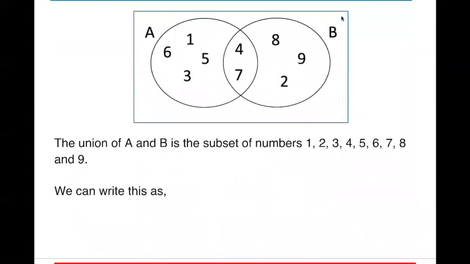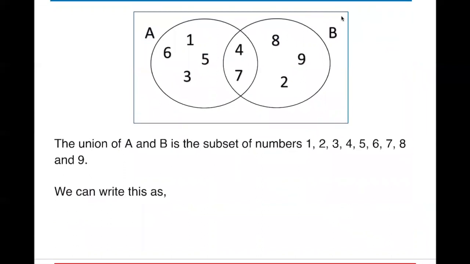Here we have the two sets, set A and set B. Now remember that the intersection looked like an upside down U. Well, the union looks like a U, like this. It is not to be confused with a U, although it's helpful that it sounds like union, isn't it?